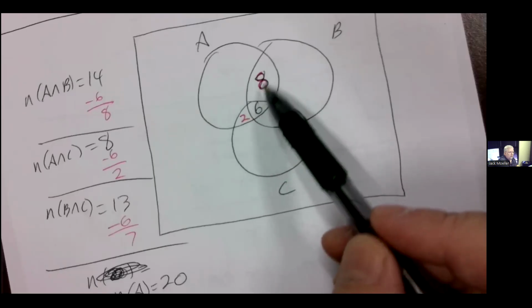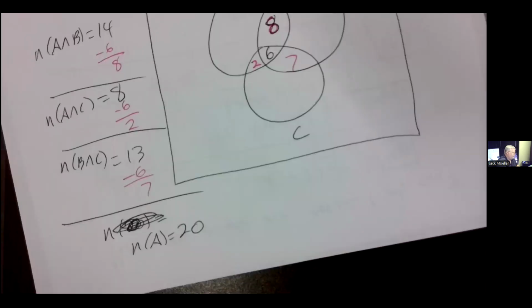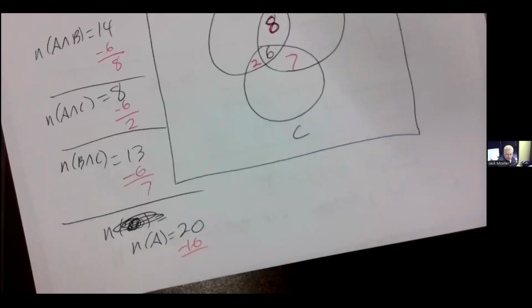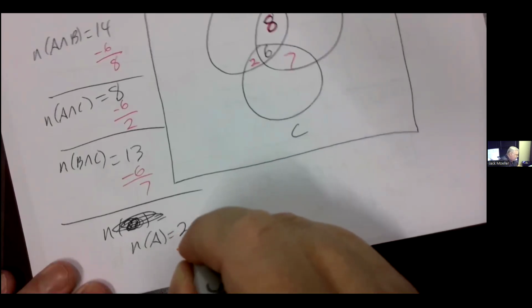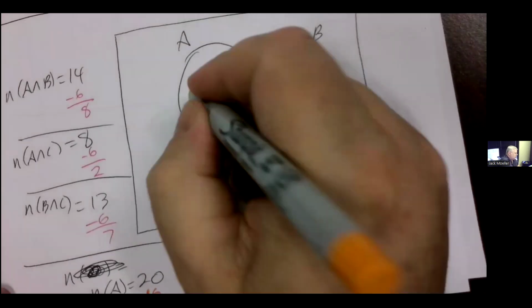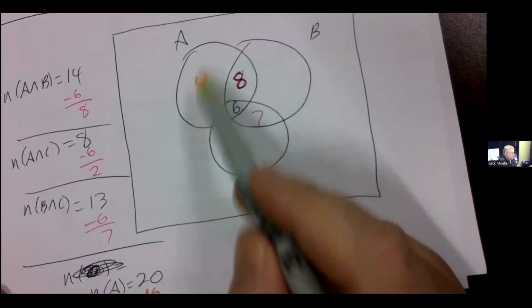We've already accounted for 8 and 2 is 10, 16. We're going to subtract 16 from the 20. There's 4 left, and so that means there are 4 people only in A, but 20 in A altogether.